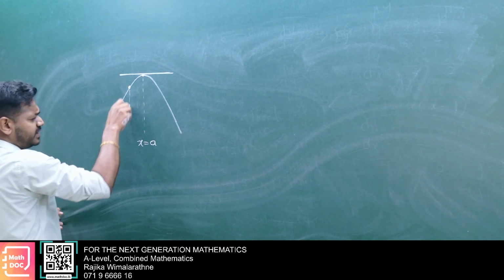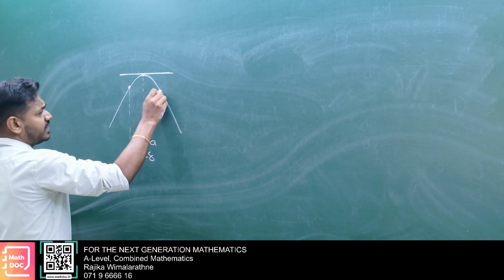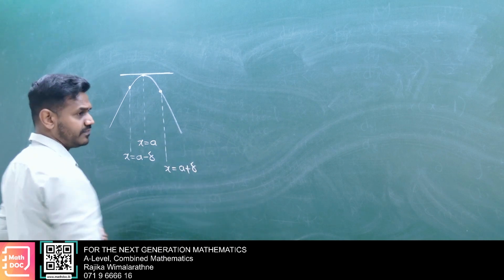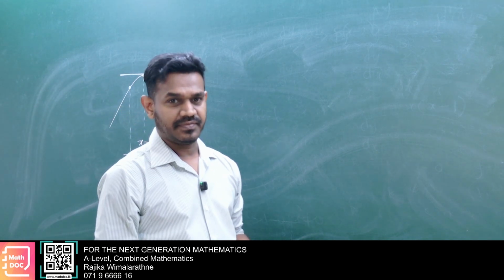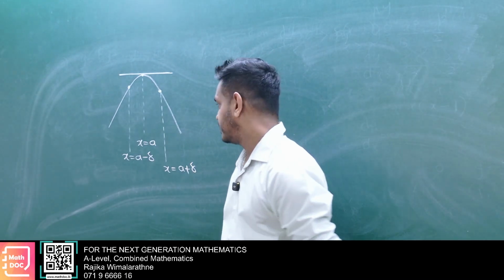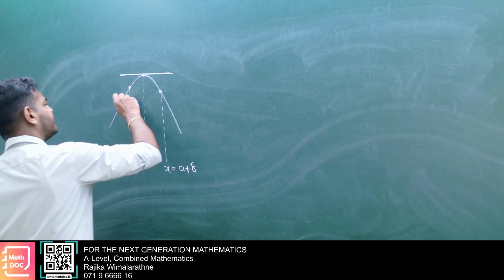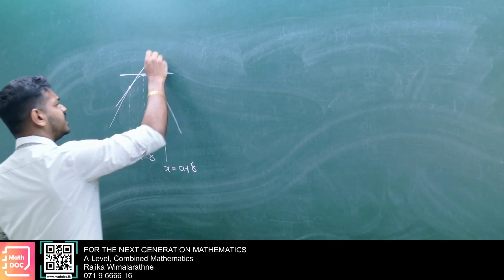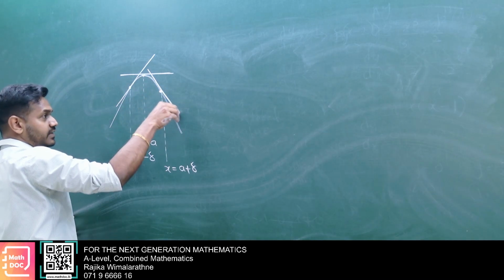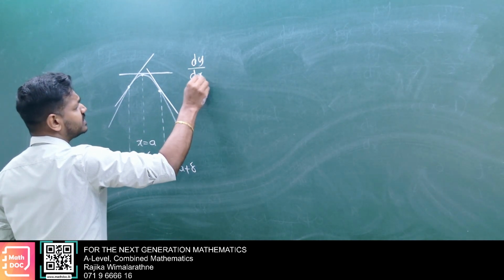Here take this point, x equals a minus delta, and take this point, x equals a plus delta. Then when you sketch the tangent here, positive gradient. When you sketch the tangent here, negative gradient, no?